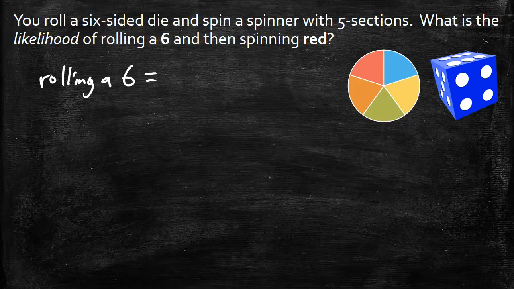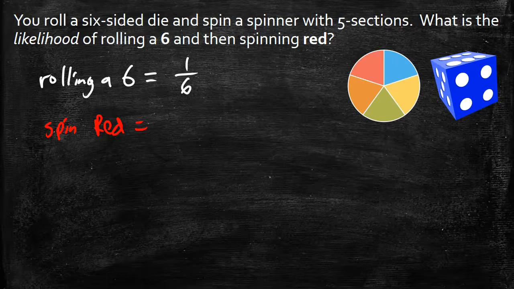I know the probability of rolling a 6 is just going to be 1 out of 6 because there are 6 possible outcomes. One of those outcomes is a 6. Okay, spinning red. There are 1, 2, 3, 4, 5 options. One of them is red, so 1 out of 5 gives me the probability of spinning a red. Now, just like we saw in the previous section, to find the probability of doing both of these, I can just multiply these together.